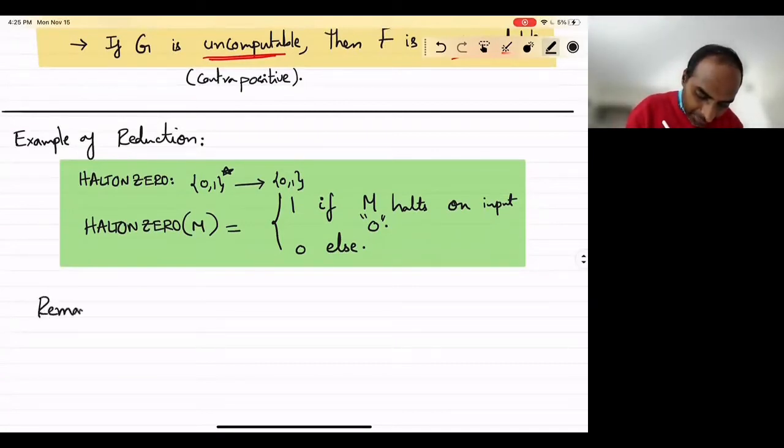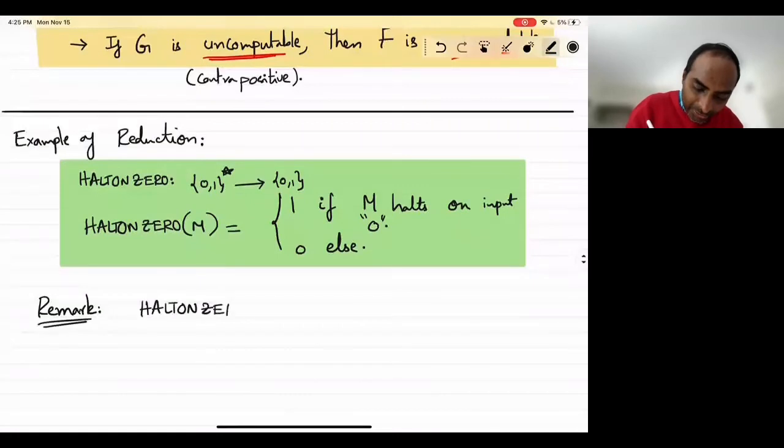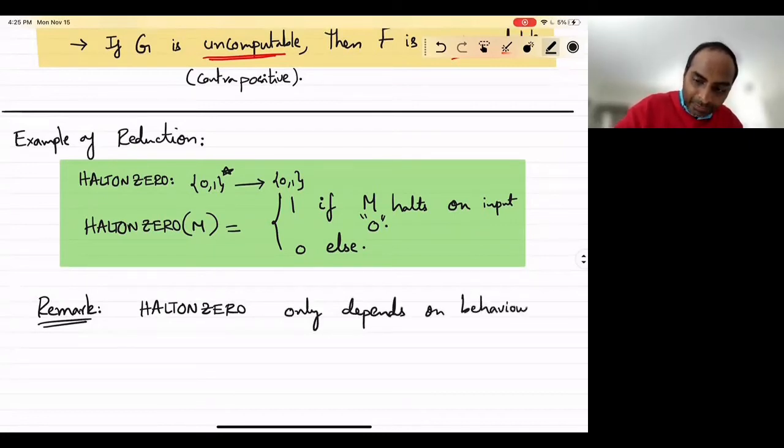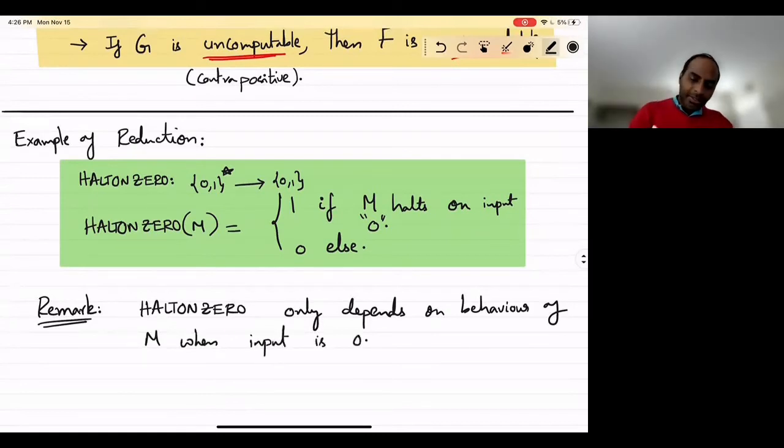Okay, so as a remark, halt on 0 only depends on the behavior of M when the input is 0.